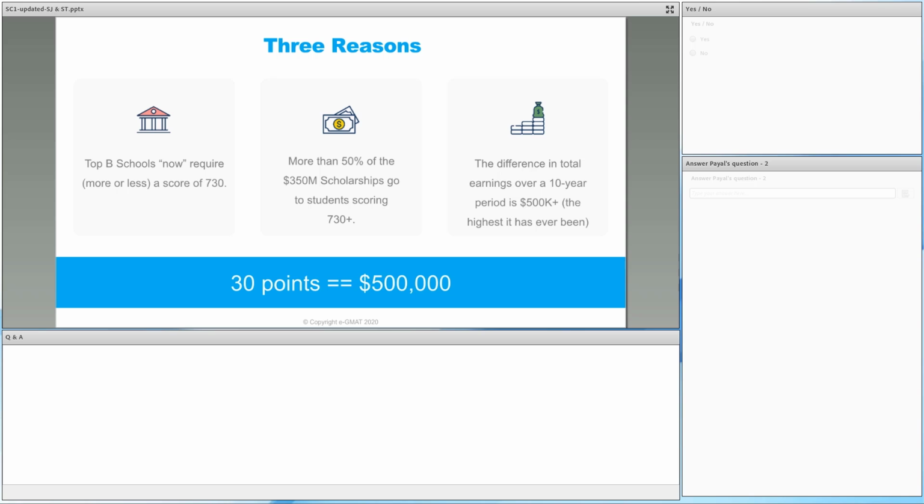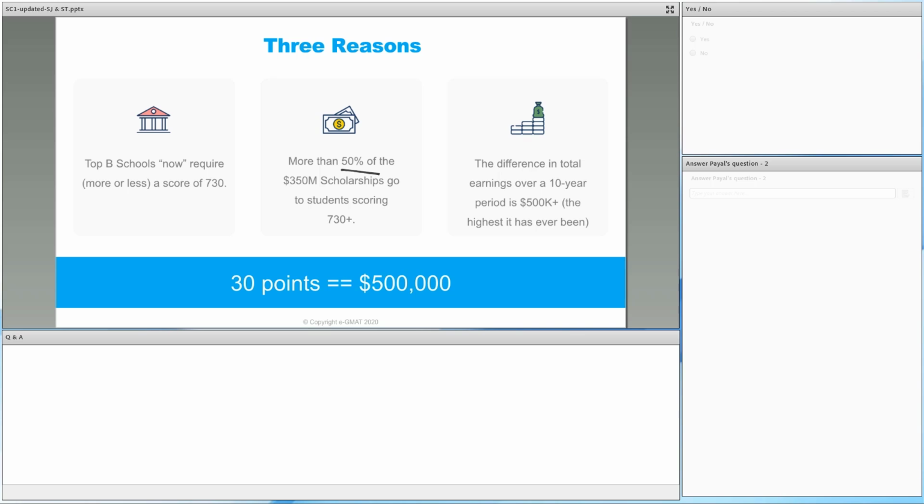The second reason is scholarships. Now, the US B schools give somewhere around $350 million worth of total scholarships, and in my opinion, 50% of that total amount goes to people who score a 730 or higher on the GMAT. This is a very important aspect when it comes to your MBA and its funding.